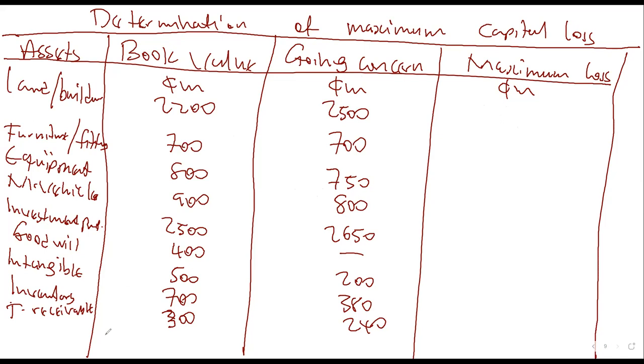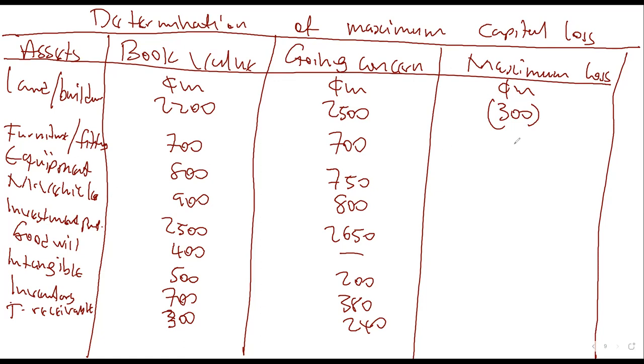So you take a calculator nicely. 2,200 less 2,500 will give us negative 300. So please put it in brackets. It represents a gain. The fair value goes beyond the book value. Because we are interested in a loss, we are netting all the gains against the losses, so you can get a net of all the losses.